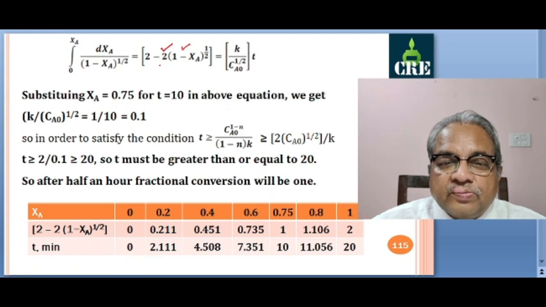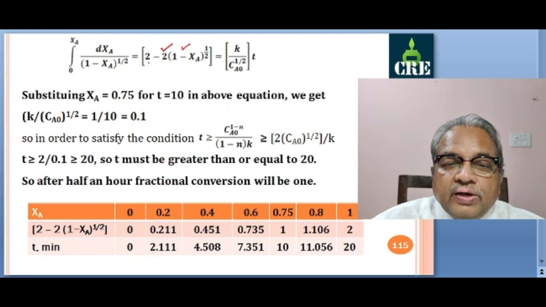So you get minus sign. And if you substitute the limits, you will get minus 2 into 1 minus X_A raised to half. With the upper limit, minus minus plus, and X_A equal to 0 means you are left with 2 into 1, which is 2, with plus sign.